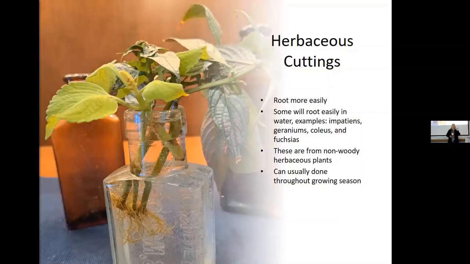And then how do you tell when it's ready to be potted? Well, you can either see roots coming out the bottom of your pot, or if you give it a little tug and there's resistance, that means that it's established roots, and so you can then repot it.